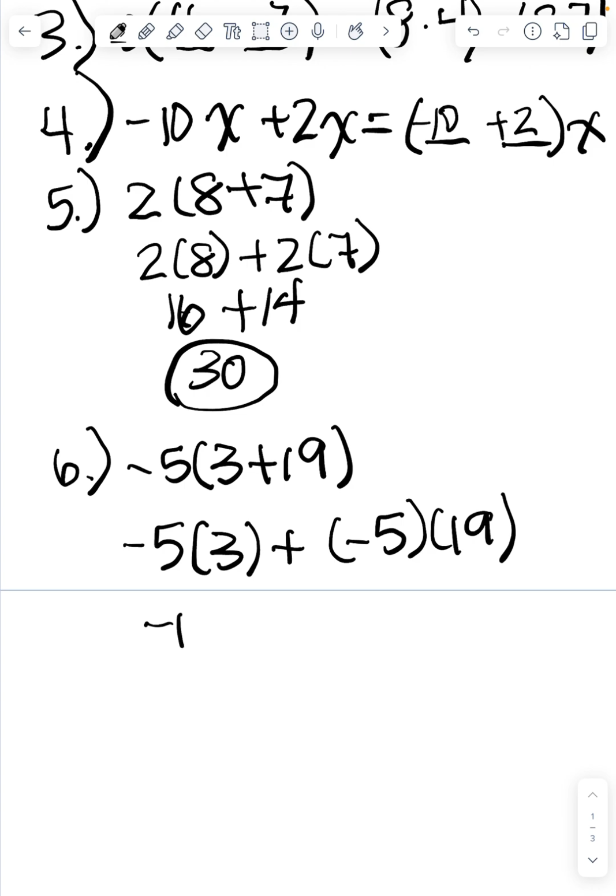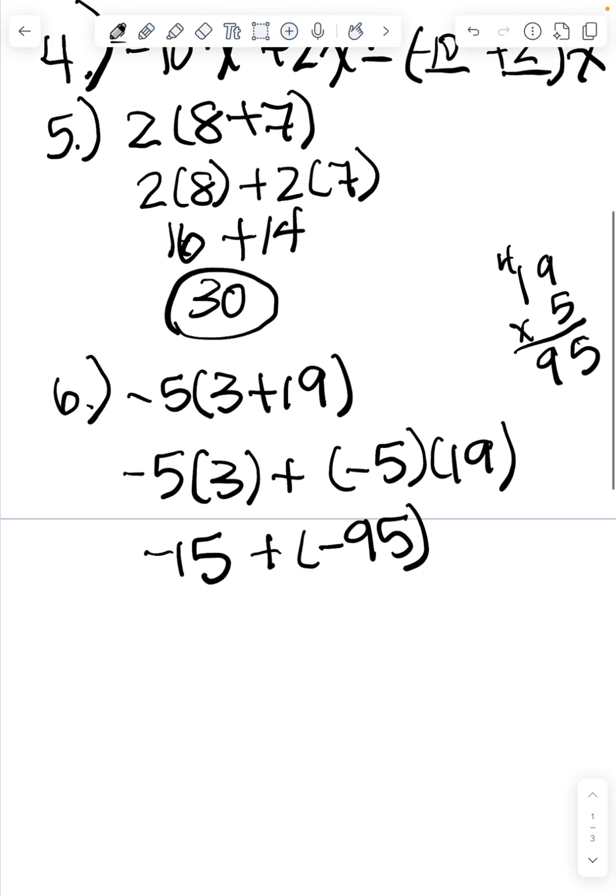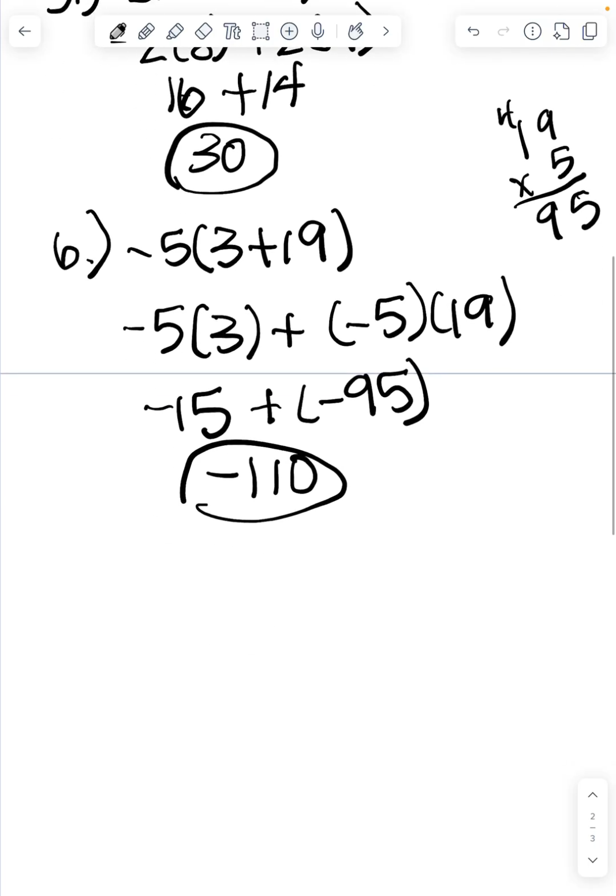Multiply this out, negative 15 plus, I don't have my calculator, I should have grabbed that, but I didn't, so I'm going to do some side work here. Negative 95, that means I have two negatives, same sign, it means I find the sum, which is add. So my final answer is 110, and it's negative because both of them were negative.